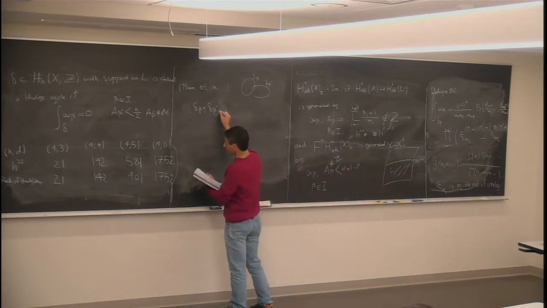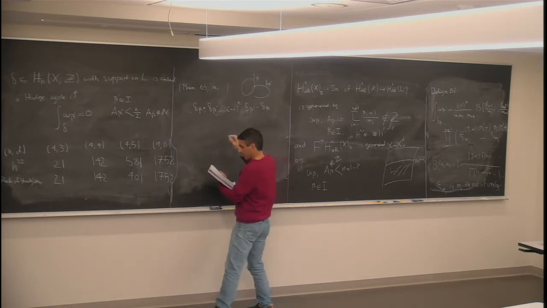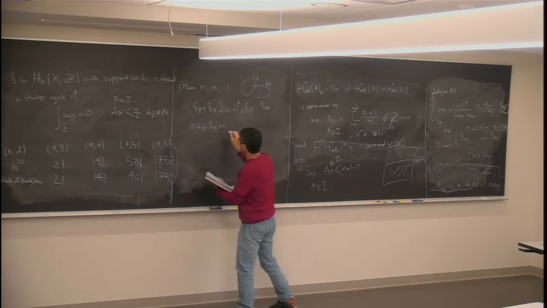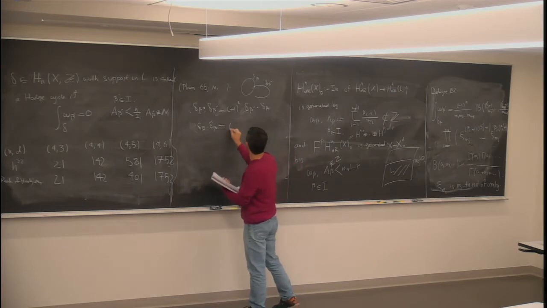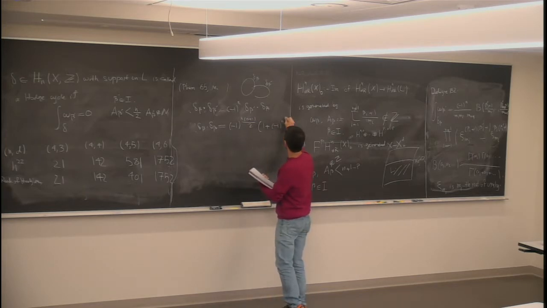The result is this one: it depends on n, it is anti-commutative. The self-intersection is basically the self-intersection of the vanishing cycles, which is (-1)^(n+1)·2 or 1 plus (-1)^n.